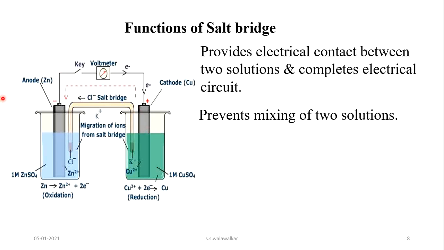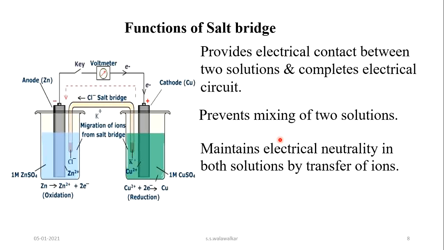Second, it avoids the mixing of the two solutions. If both solutions are in the same compartment, mixing may take place and current will not flow. So it prevents mixing of the two solutions.